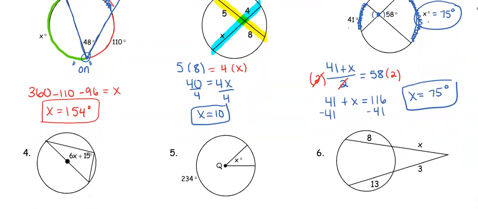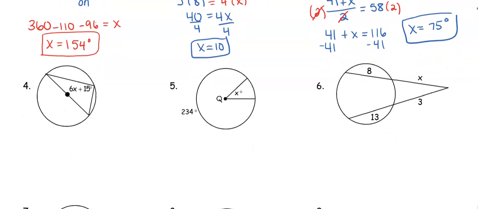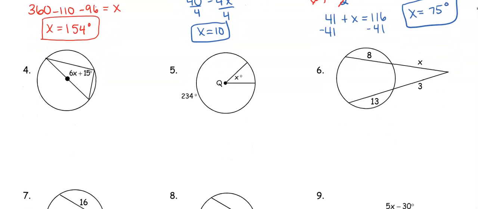Moving on. Number 4. A couple different ways, but when I look at number 4, I see it's angle measures, and that vertex is on the circle. And when I follow those up, we actually have a couple different ways we can approach this.